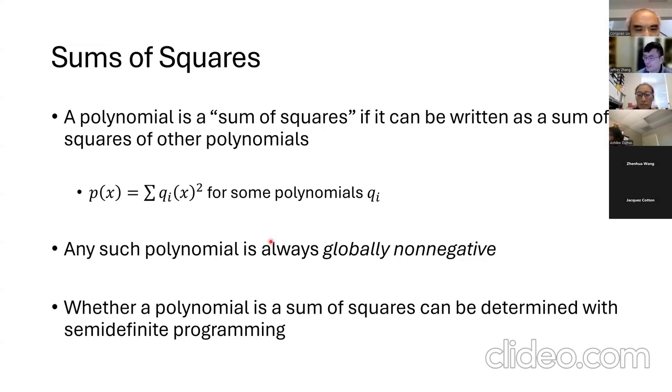And the other thing that makes it interesting is that you can decide whether a polynomial is a sum of squares with semidefinite programming. The idea is that you can extract the sum of squares decomposition out of any positive semidefinite matrix, and you can also optimize over the set of sum of squares polynomials.